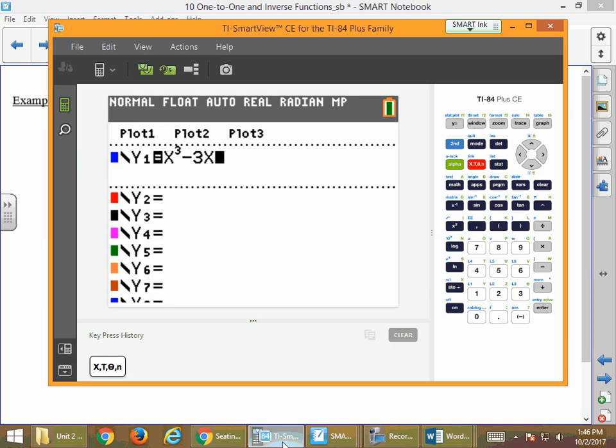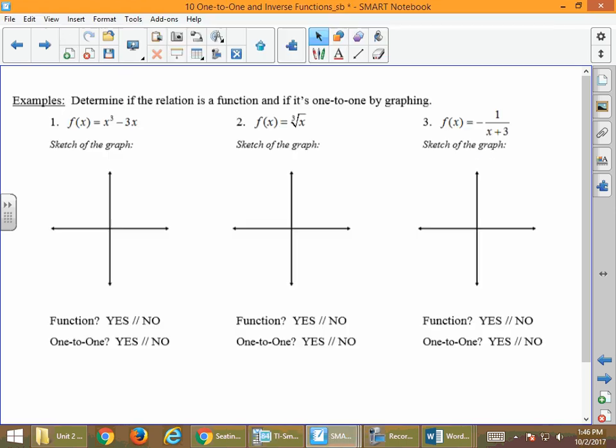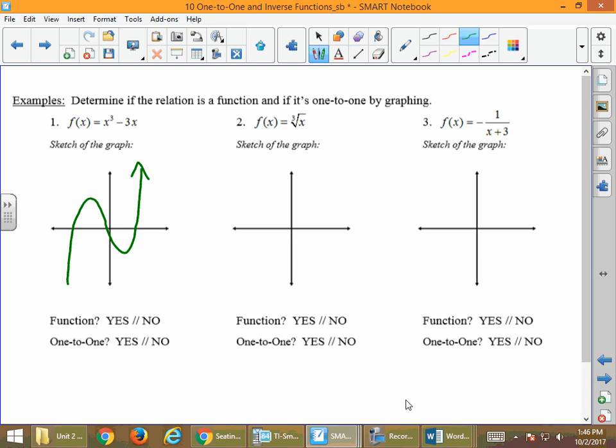We can go to y equals, and we type in x cubed minus 3x, and we hit graph. The only reason is so that we have somewhat of an accurate sketch to draw in here. Roughly, it looks something like that.